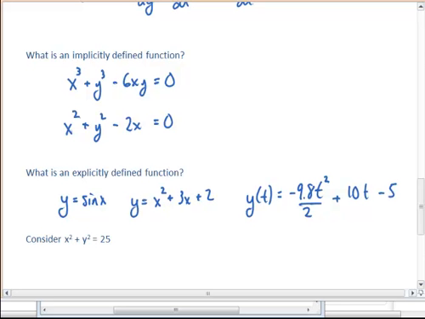These would all be good explicit function equations, and they'd be easy to take derivatives of. These would be implicit, requiring implicit differentiation if you wanted to find dy/dx.